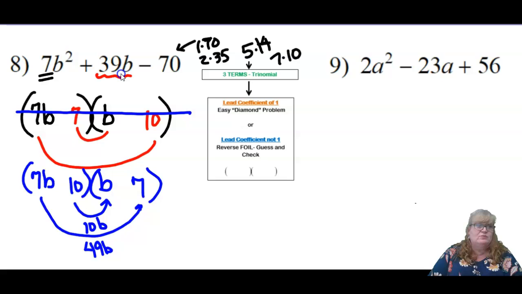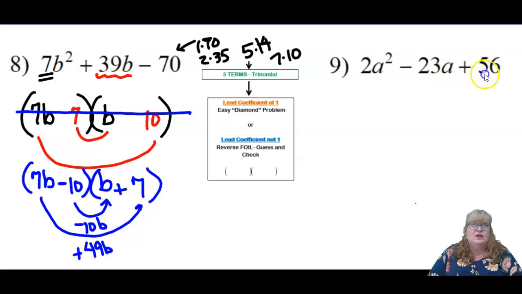So if we could make this work, let's see. If the 49 was positive, and we made this 10b negative, we'd get 39b in the middle. But does it check at the back? Negative 10 times 7 is negative 70. All right, so I think we made it work. Sometimes it's going to take you a few tries.